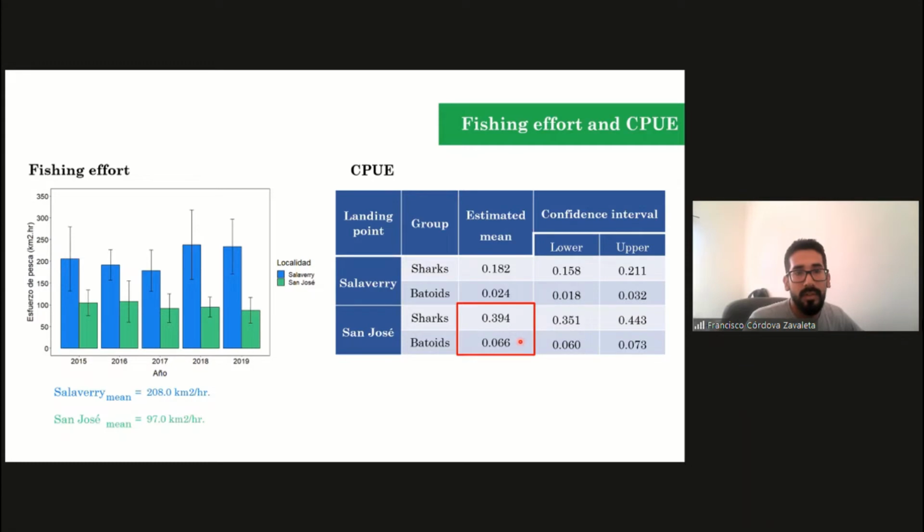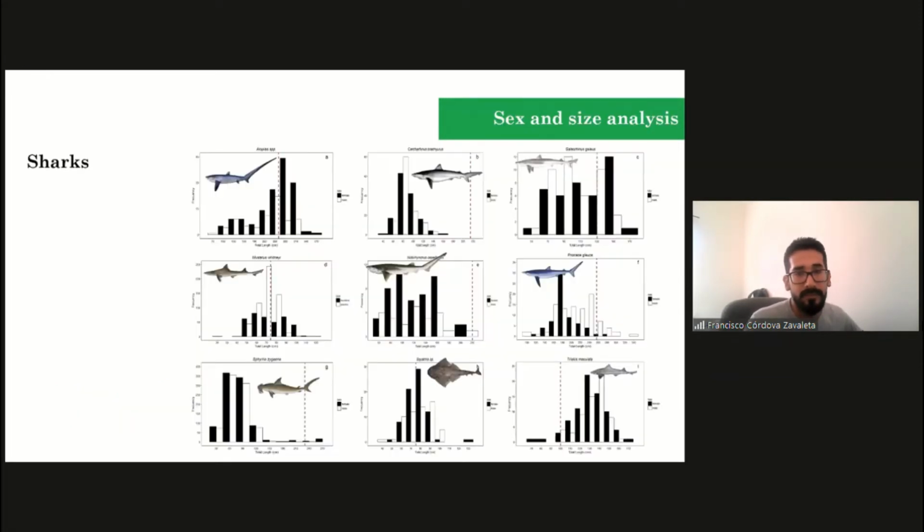This can be considered good because with low fishing effort, you can get more individuals. But it is important to mention that we are only considering individuals, not the weight of the individuals. So you are going to see this when we look at the economic aspects.